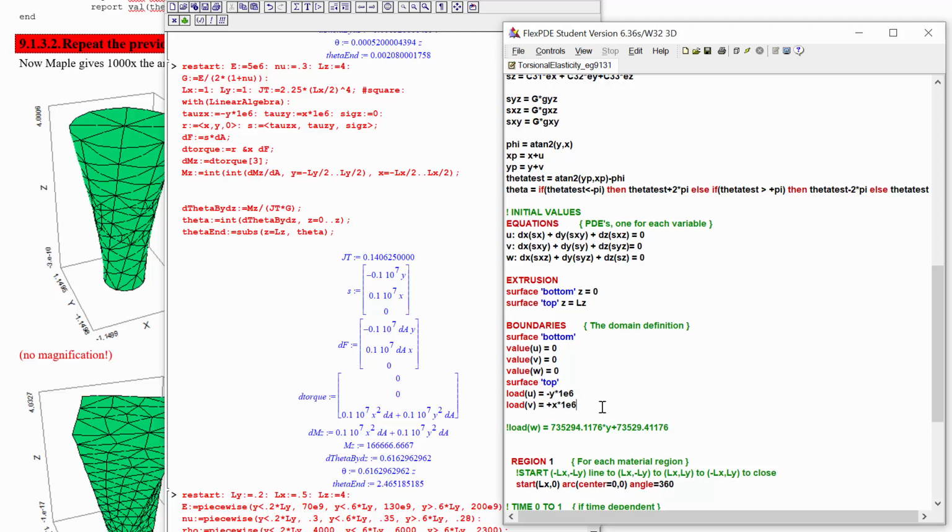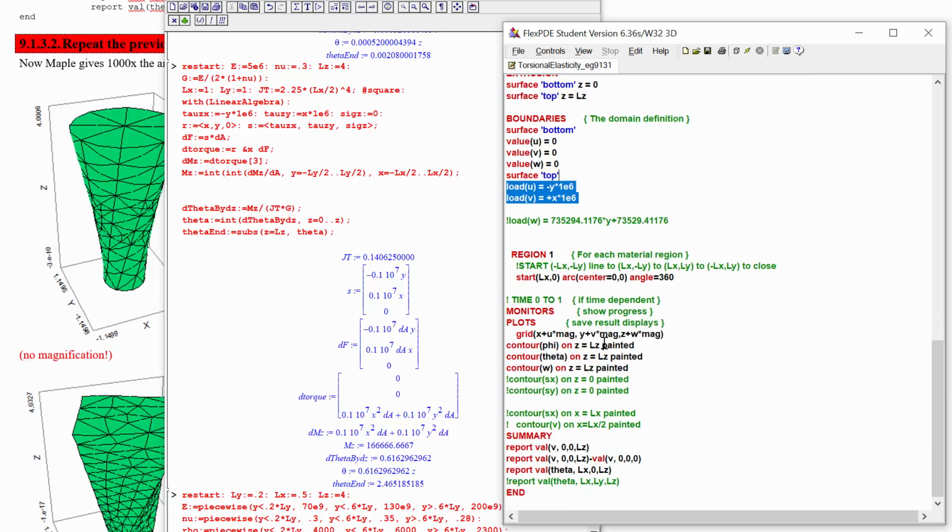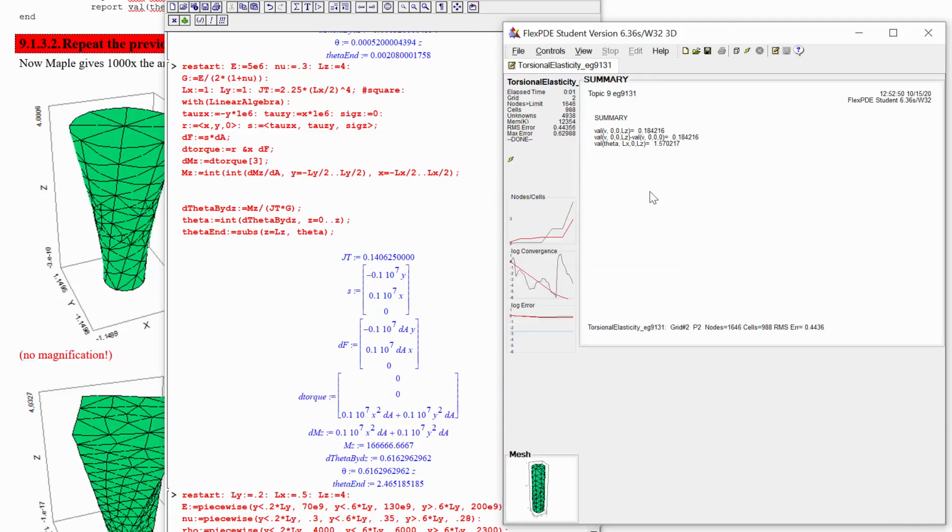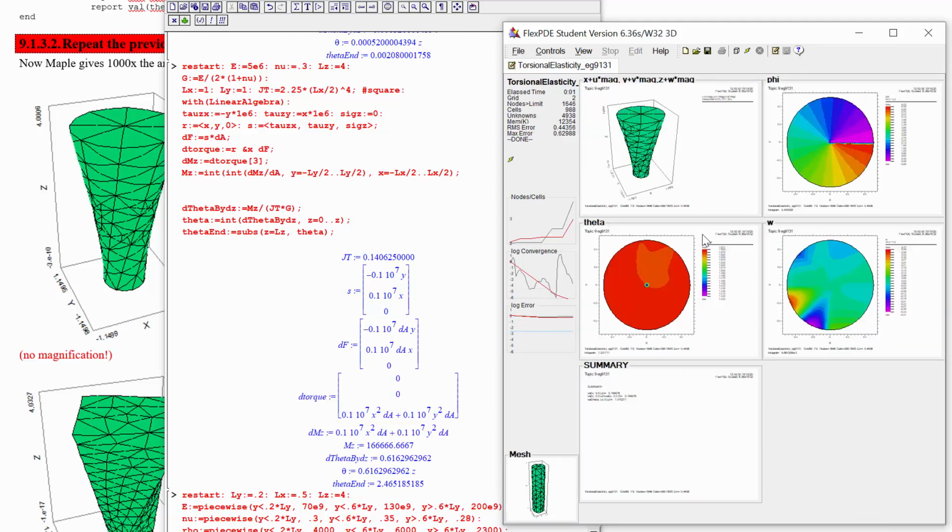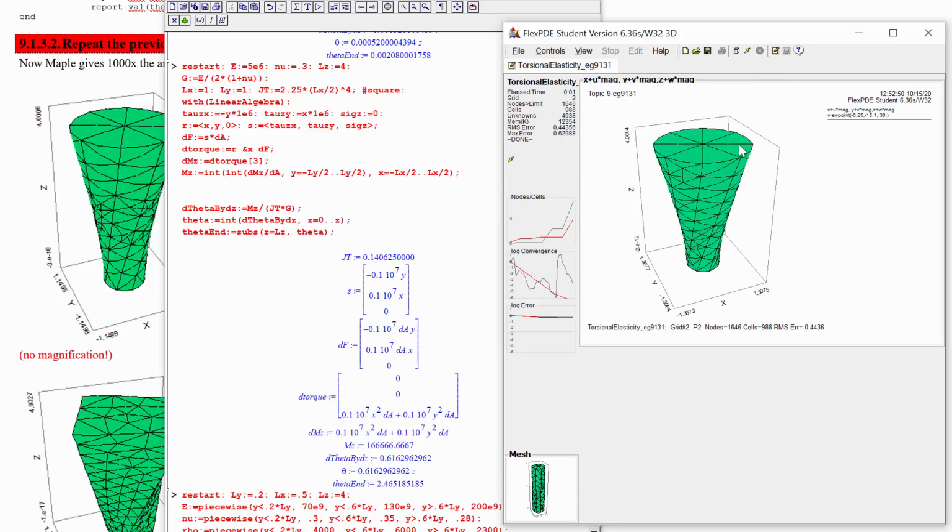So it's going to be limiting the amount of angle of twist that you could ever get from this to pi by 2, because once it's twisted that amount, Flex says the force is no longer in the direction that's causing it to twist more, so it just has moved by pi by 2, and that's it.